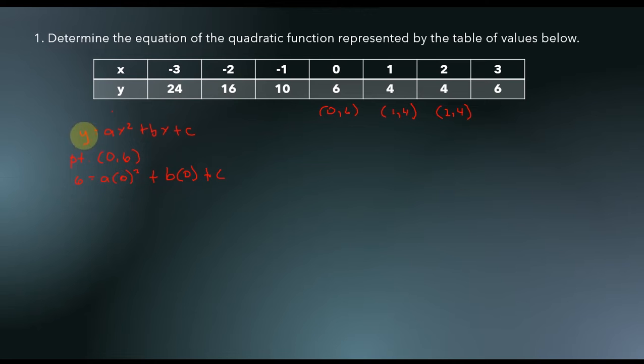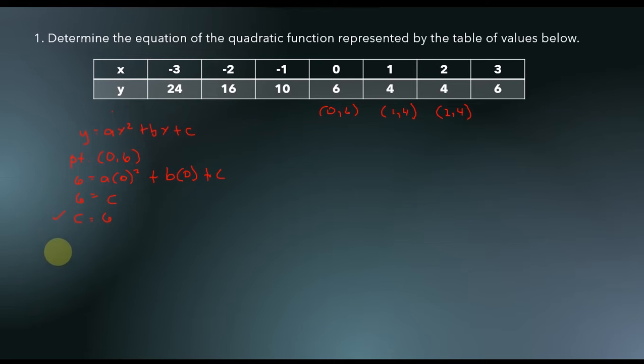As you can see, y was substituted by 6, and x by 0. Then we simplify: 6 equals 0 squared times a, which gives 0, plus b times 0, that is 0. So this is your value for c. c equals 6.